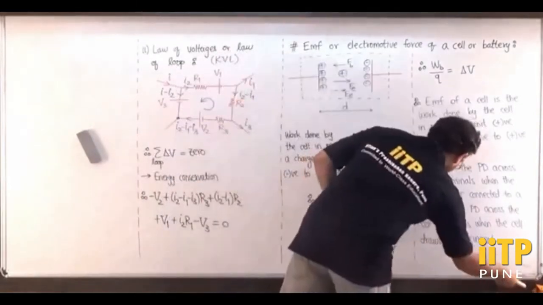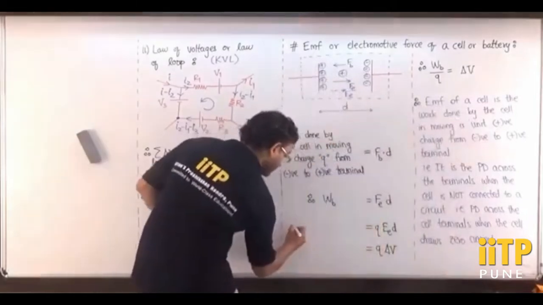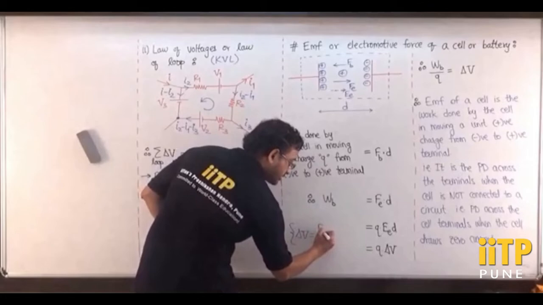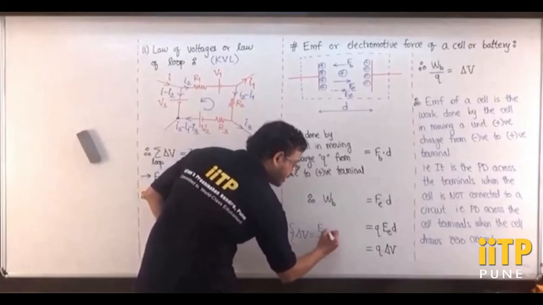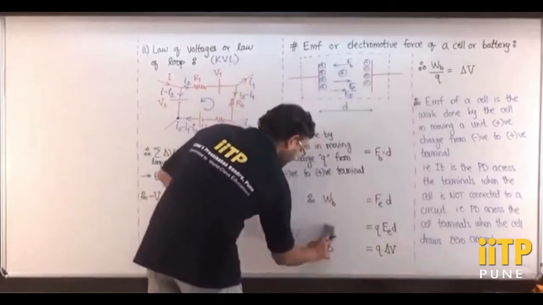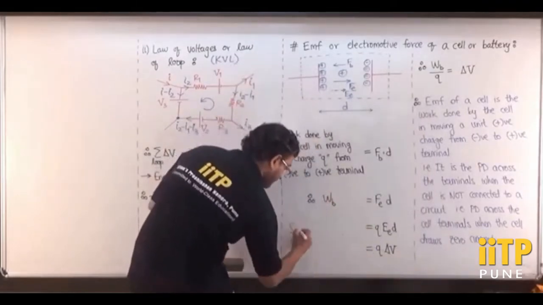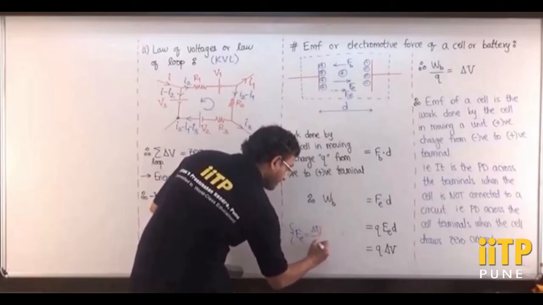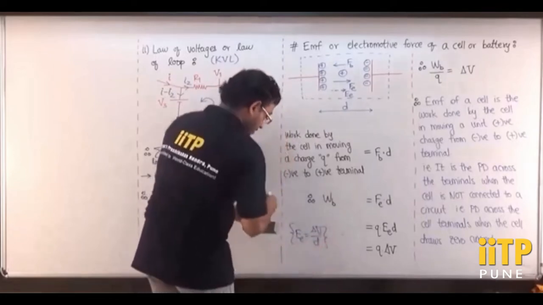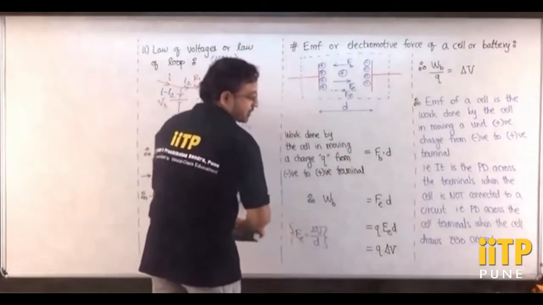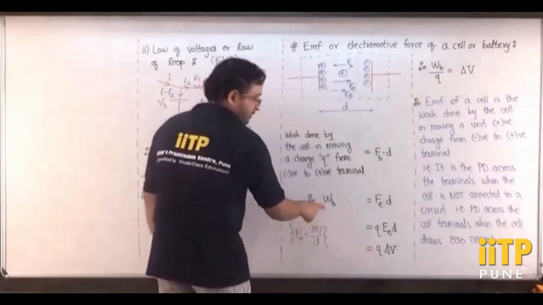So here I am using the idea that ΔV is equal to E times d, that is, the electric field is ΔV by d.